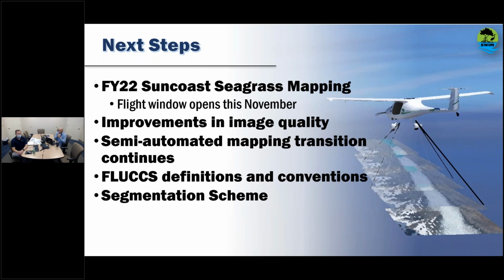We do intend to switch at some point in time, but we're not going to make that decision on the fly. It's going to be a very measured and quantitative approach before we do it. But we do think that the future of aerial seagrass mapping does lie in that semi-automated process.